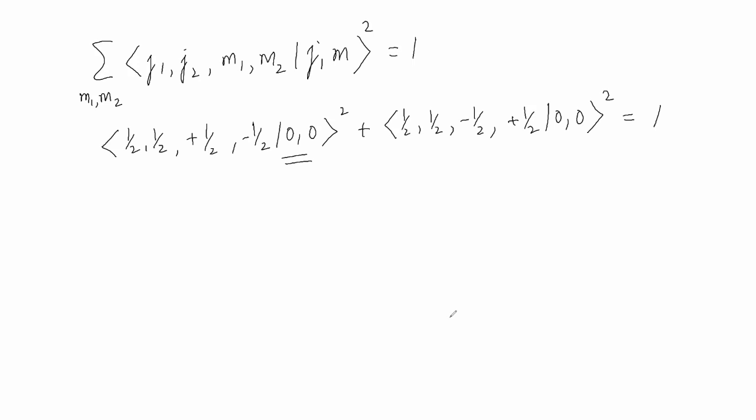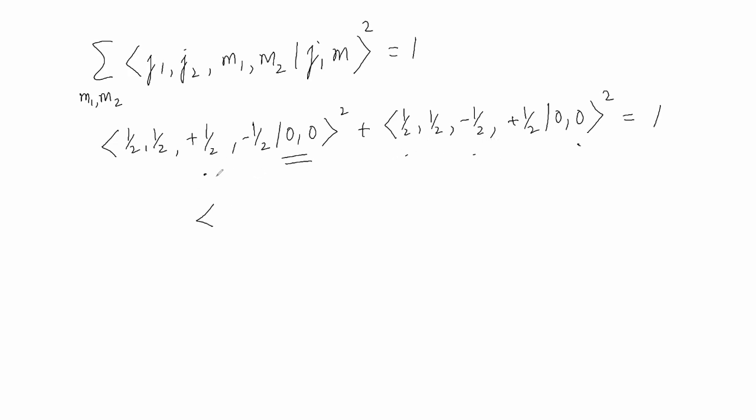Now, just now we have seen that this value is equal to this value with a negative sign. But when we square this, what will happen? They will get added up.